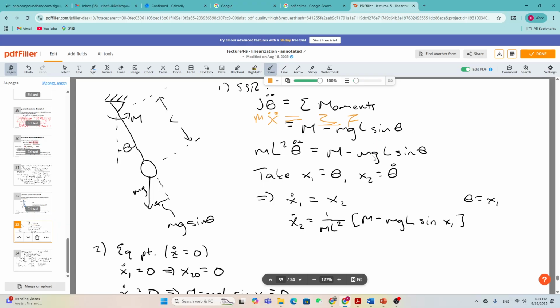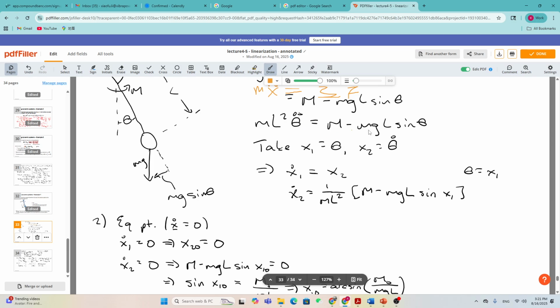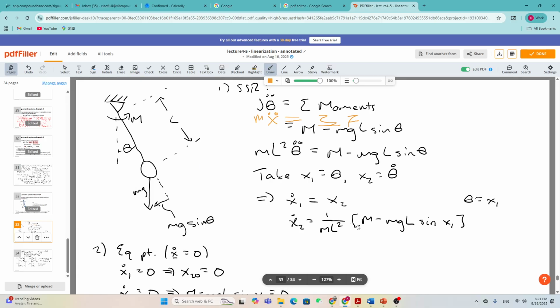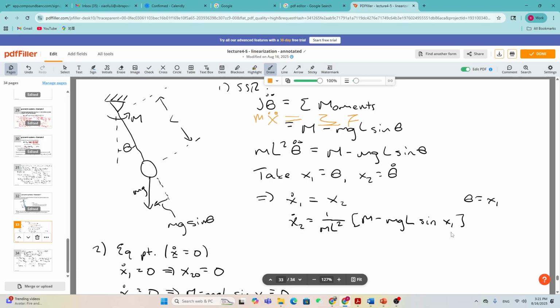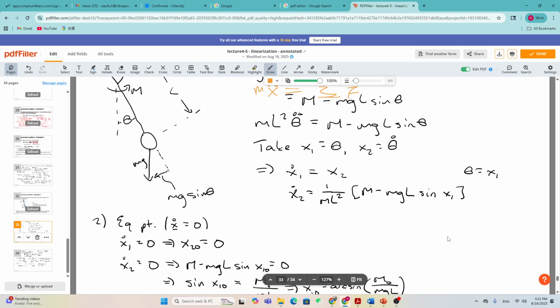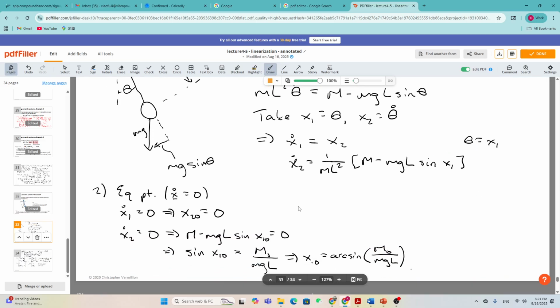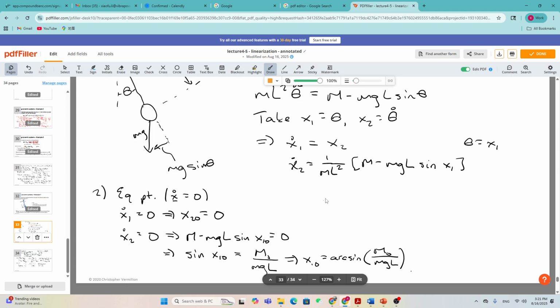So here, you know the equation of motion already. You have to translate it to two first order differential equations, where x1 dot equals x2 and x2 dot equals 1 over ml squared times the bracket M, which is the moment applied at the pivot point, minus mgl times sine theta. But theta is actually your x1 here. So let's find your equilibrium point. You make all your x dot equal to 0.